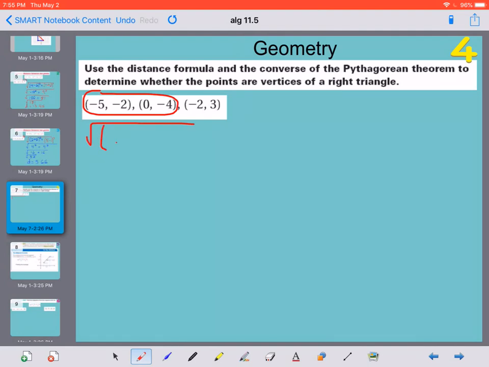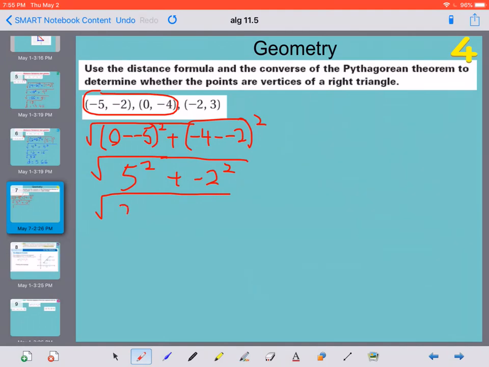My x2 is 0 minus my x1, which is negative 5, squared, plus y2, which is negative 4, minus a negative 2, squared. 0 minus a negative 5 becomes 5 squared, plus negative 4 minus a negative 2 becomes negative 2 squared.